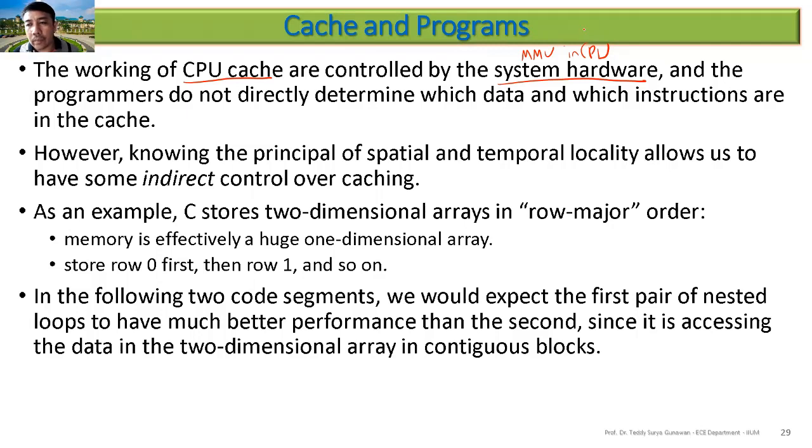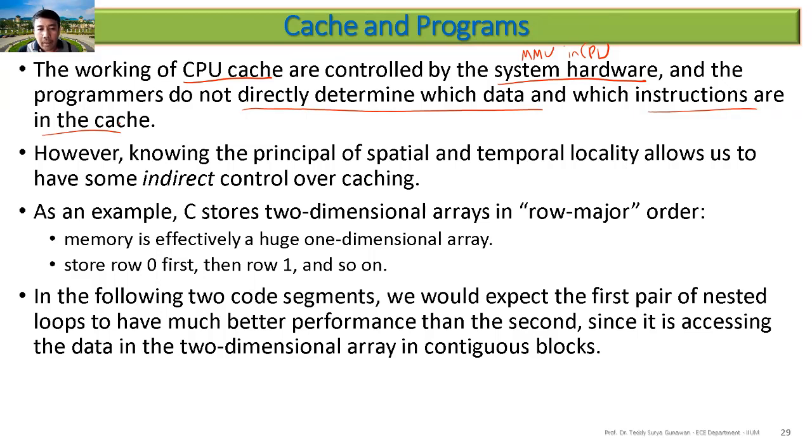So it depends on the CPU designer. For us, it's transparent. We don't see it. The programmers do not directly determine which data and which instructions are in the cache. It is handled by the MMU.